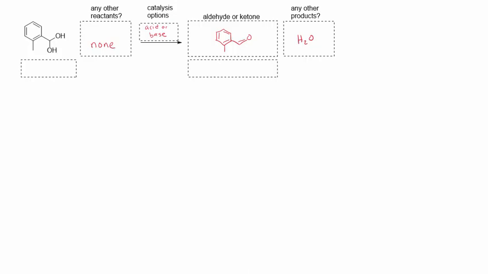So, under the acid conditions, let's use HCl in this example as our strong acid. One of the hydroxyl groups can be protonated.